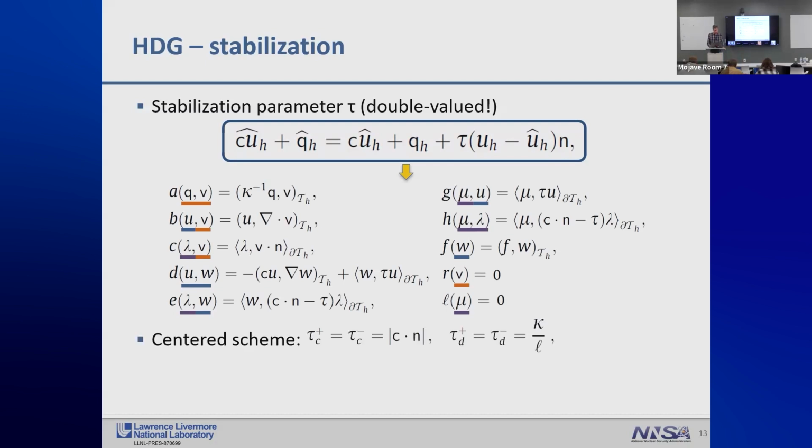It looks maybe complicated, but again, there are some classical choices, so we need to take the same tau on both sides of the face, like for the centered scheme, or you may just simply upwind those values here.